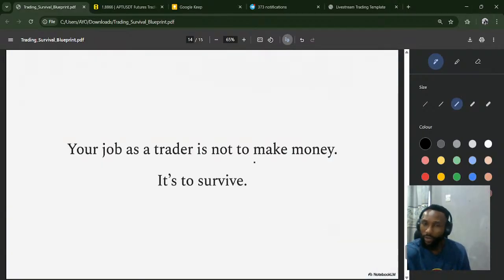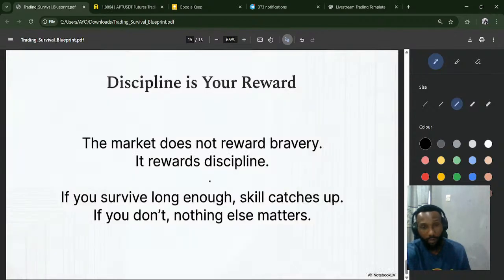Your job as a trader is not to make money, but to survive. The market does not reward bravery, it rewards discipline. If you survive long enough, skill catches up. If you don't, nothing else matters. Be disciplined. Make trading rules. Always enter a trade with a stop loss, no matter who you are. Don't be too confident.